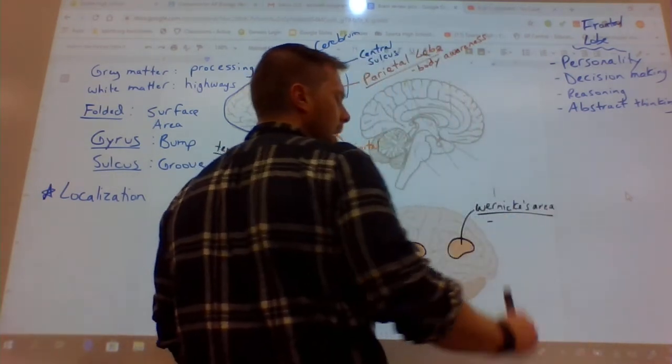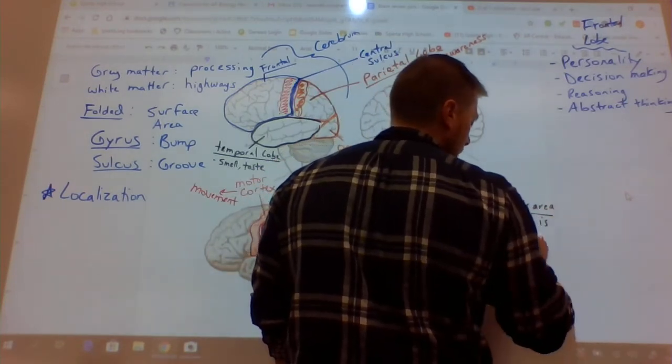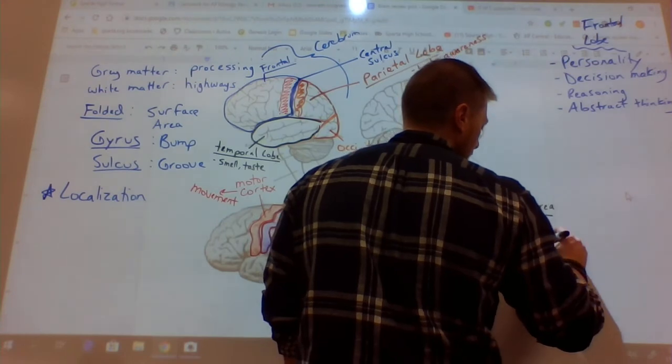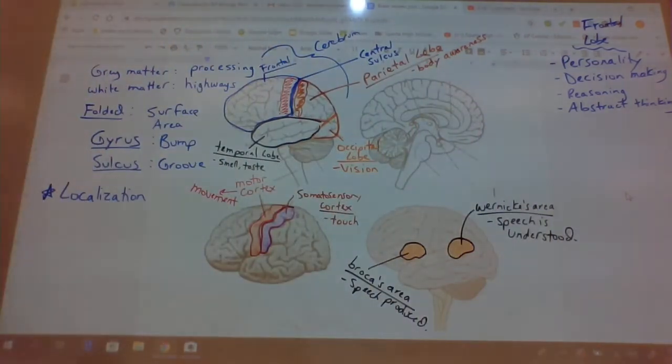And Wernicke's area is where speech is understood. Or you could say language is understood in Wernicke's area. So when we learned these two regions, we said they were interesting because the production of speech and the understanding of language take place in two different parts of the brain, two distinct regions within the brain.